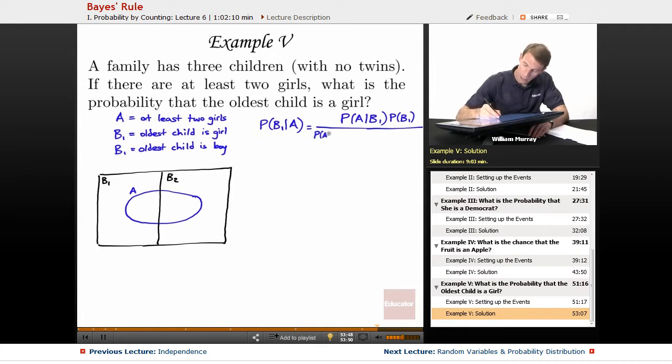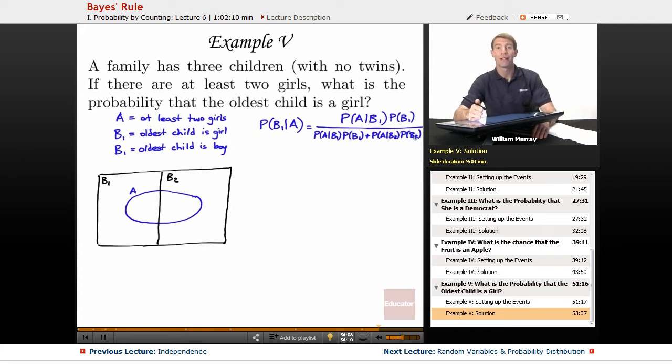So let me copy that again. P of A given B1 times P of B1, plus the same thing with B2: A given B2 times the probability of B2. So now we have to figure out all those probabilities and drop them into the formula and calculate it out.